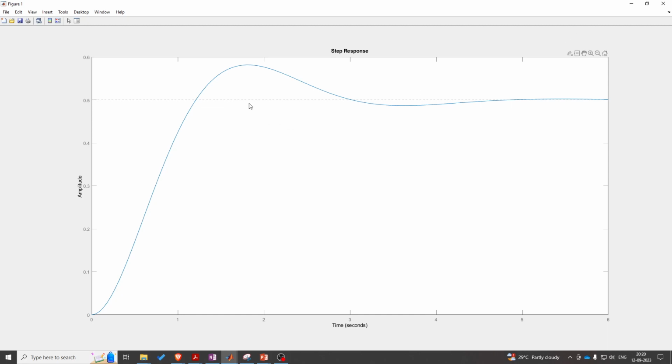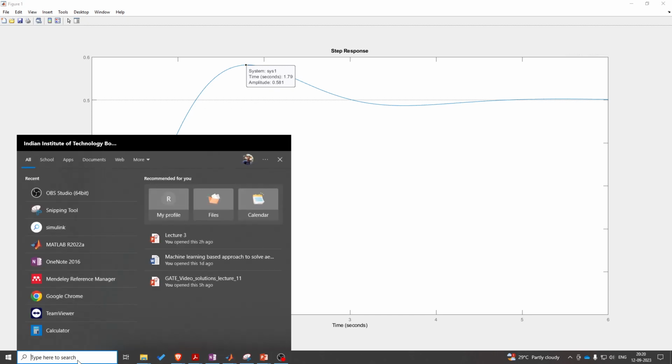Just an approximate idea: the steady state of the system is around 0.5, and the maximum value is at around this point. So the amplitude is around 0.58. This part above the steady state value will be 0.58 minus 0.5.